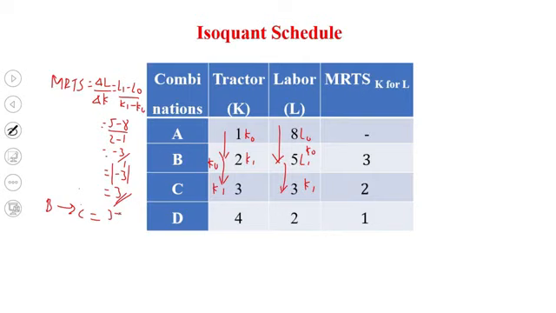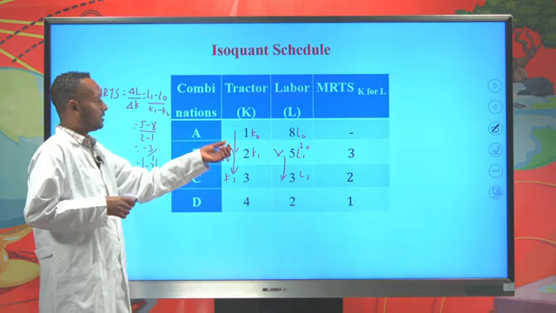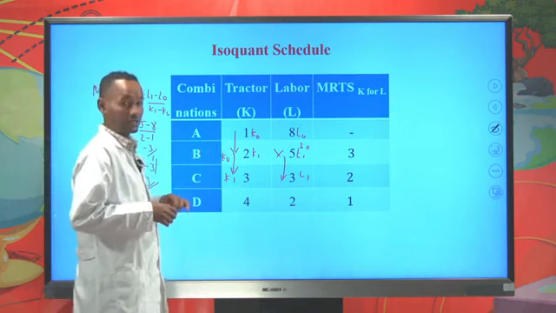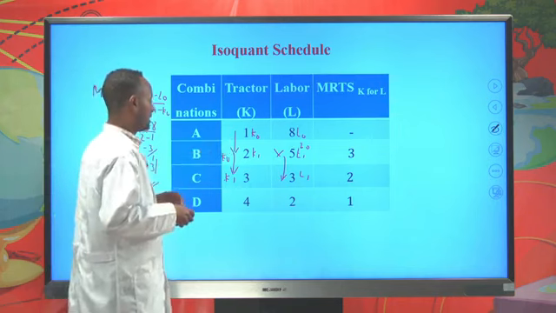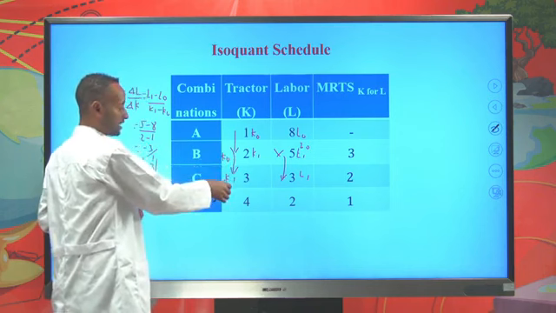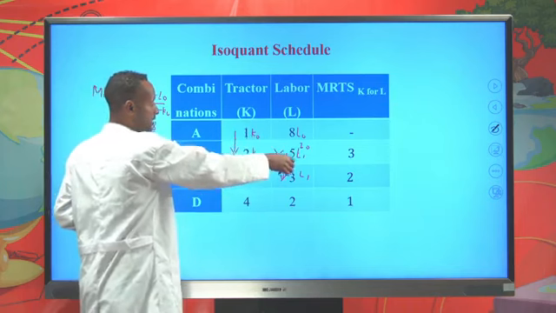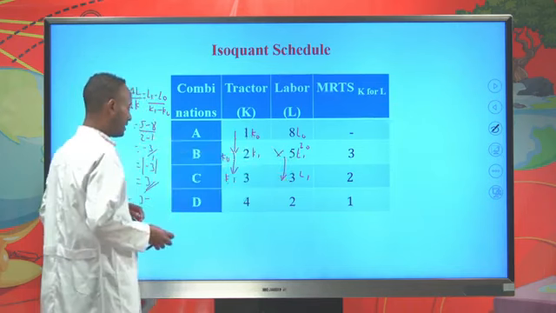Again, as we come across from combination B to C, if implement of the variable input tractor increase from 2 to 3, then the implement of the variable input labor decreases from 5 to 3. Let's take this 2 as capital initial and this 3 as capital final. Let's take this 5 as labor initial and this 3 as labor final.